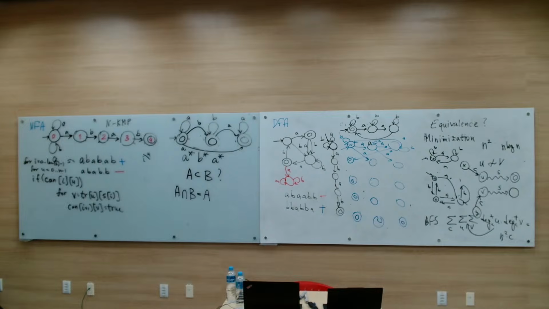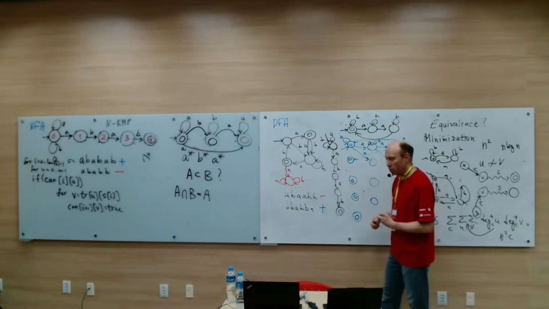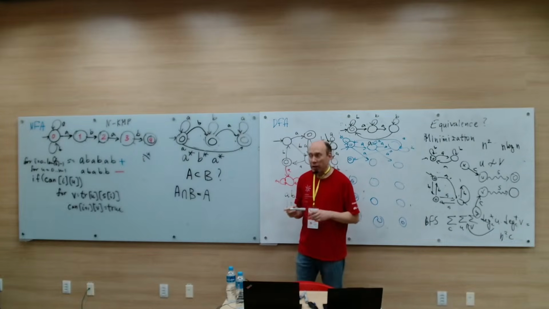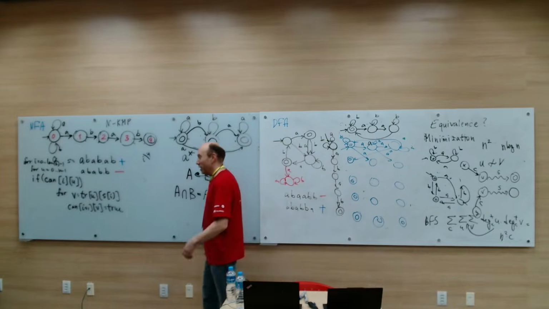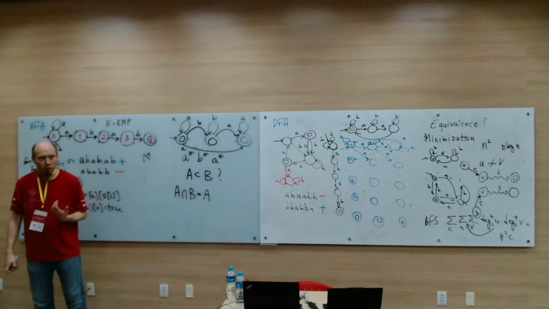Actually, checking equivalence of two regular expressions is polynomial-space complete, so its complexity is high. But it's easy in the sense that it can be done. It's solvable. It's a recursive language.